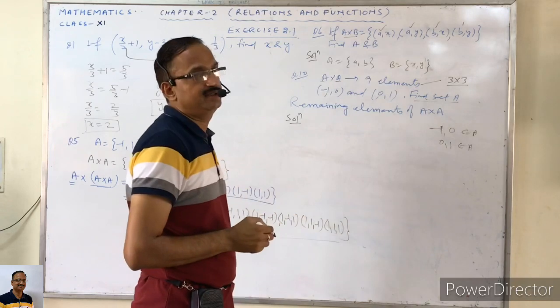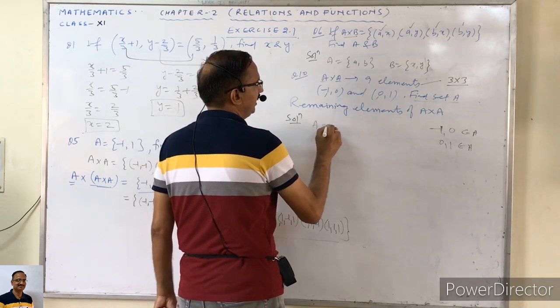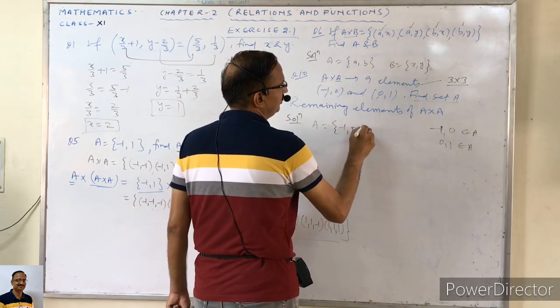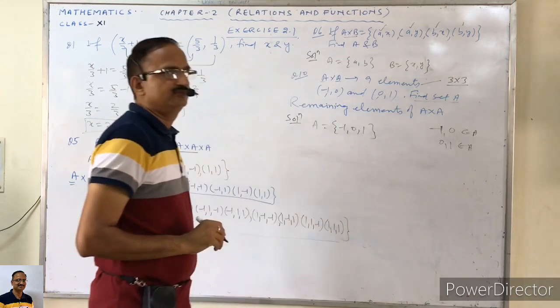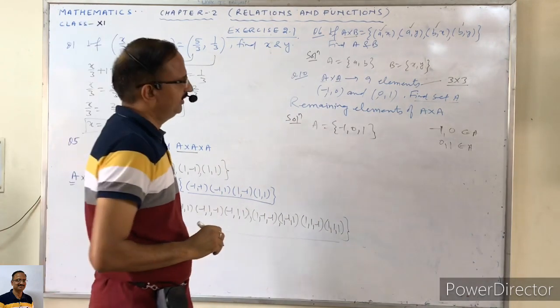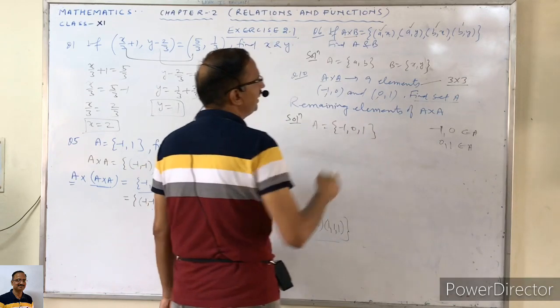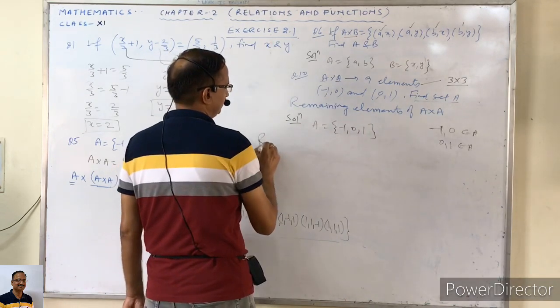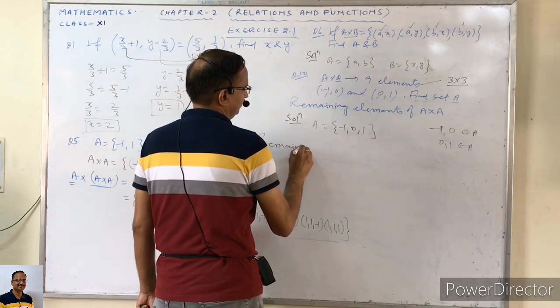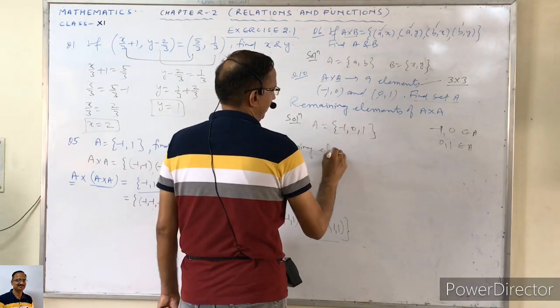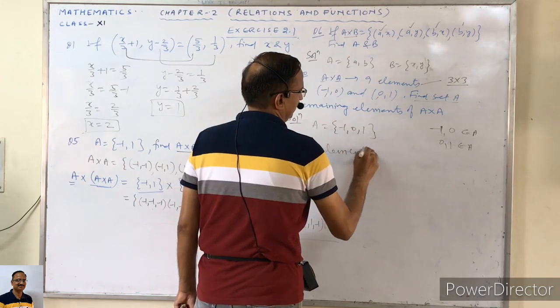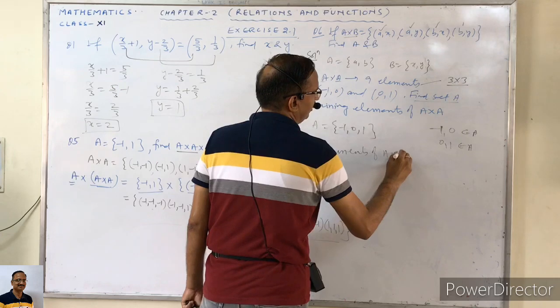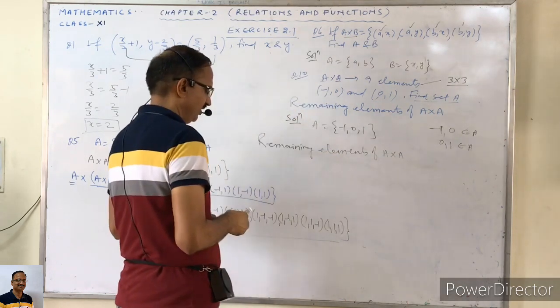These 3 elements. So set A has -1, 0, 1. These are the 3 elements of set A. Now the remaining elements of A cross A. Okay children?